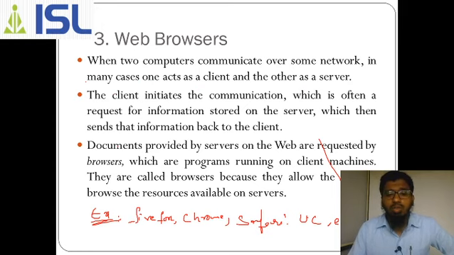Whenever you are using Firefox, for example, you are a client, so you are searching for something, and the other machine gets it from the server and displays it to you.